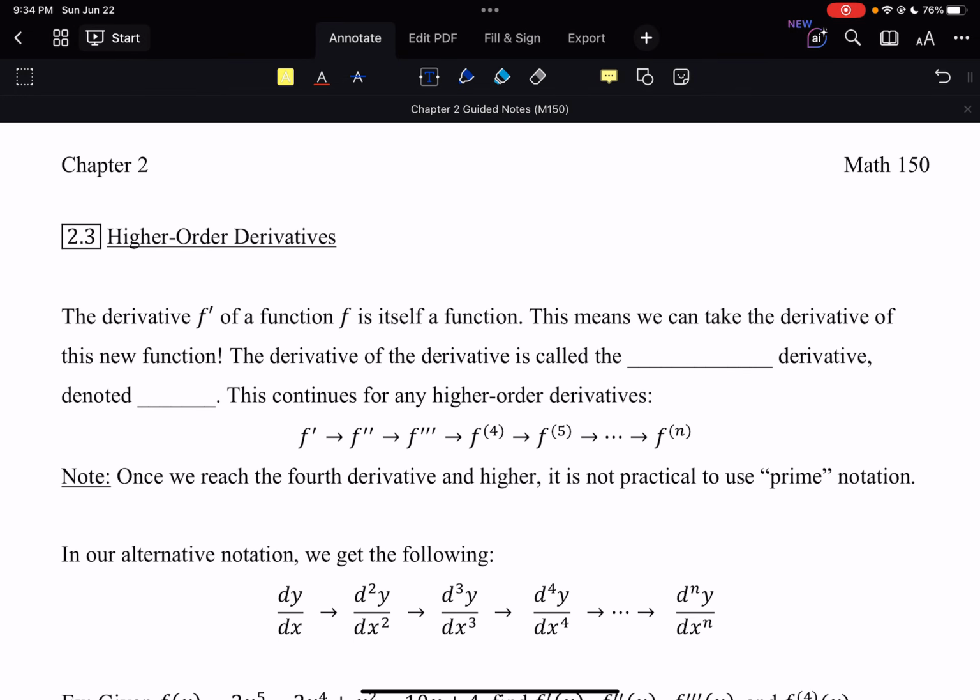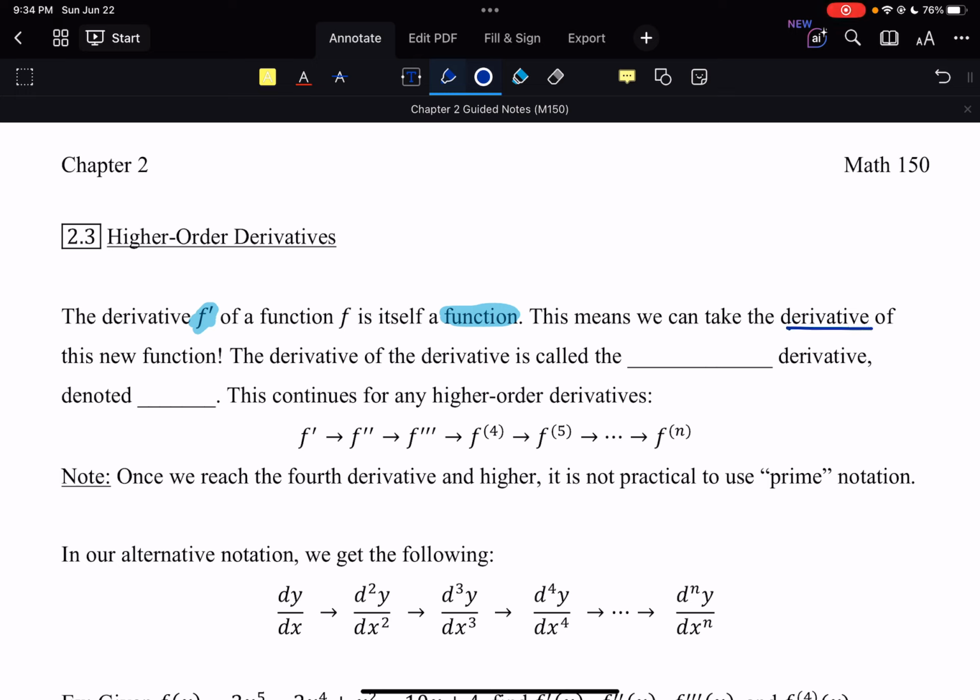In this section, we are looking at the concept of higher order derivatives. So the derivative f prime of a function f is itself a function, right? We know that if you take the derivative of a function, you get f prime, but f prime is still a function itself too. What that means is we can take the derivative of this new function.